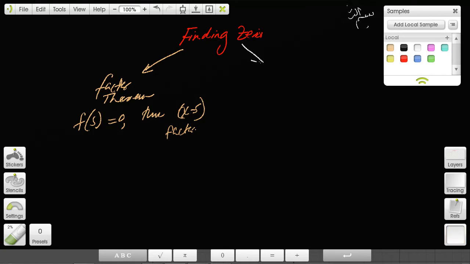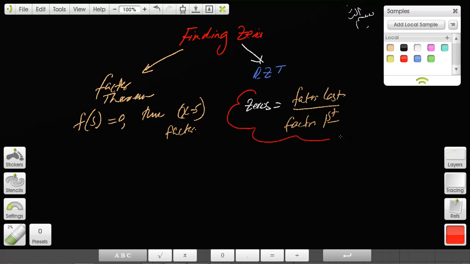And then today we talked about the rational zero theorem. This theorem says that all the potential zeros are going to be factors of the last term over factors of the first term. And you can see these are all the potential candidates that you have to try.